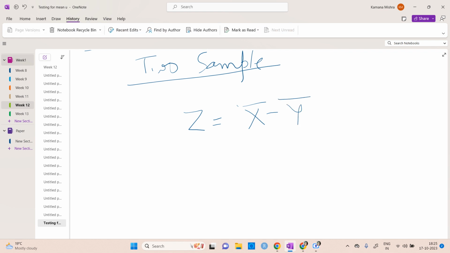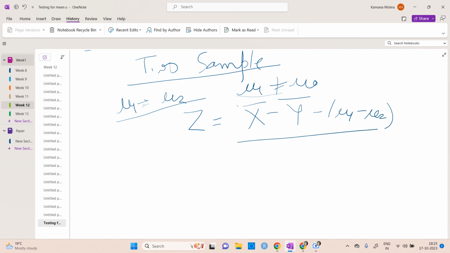Basically in a two sample problem we check whether the means of both samples are known or not. If the means are known, you take x bar minus y bar, and minus mu1 minus mu2, so that would be 0.